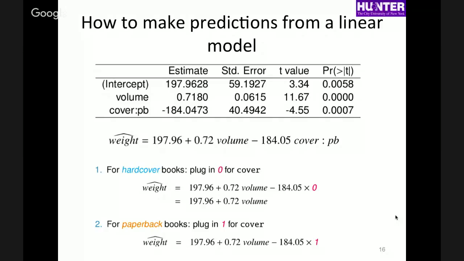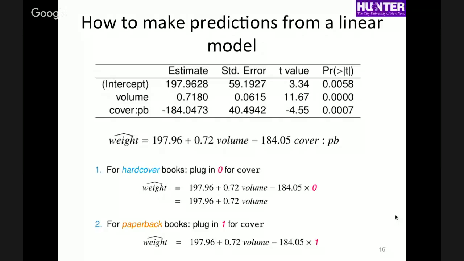And in doing that, you exponentiate. So if you have cover paperback, I don't know, minus 184 isn't a great example. Let's say it was like 3 or something. If you have two different deviations from the reference category, and each of them has a coefficient of 3, then in this model it would add 6 to your prediction of the weight.